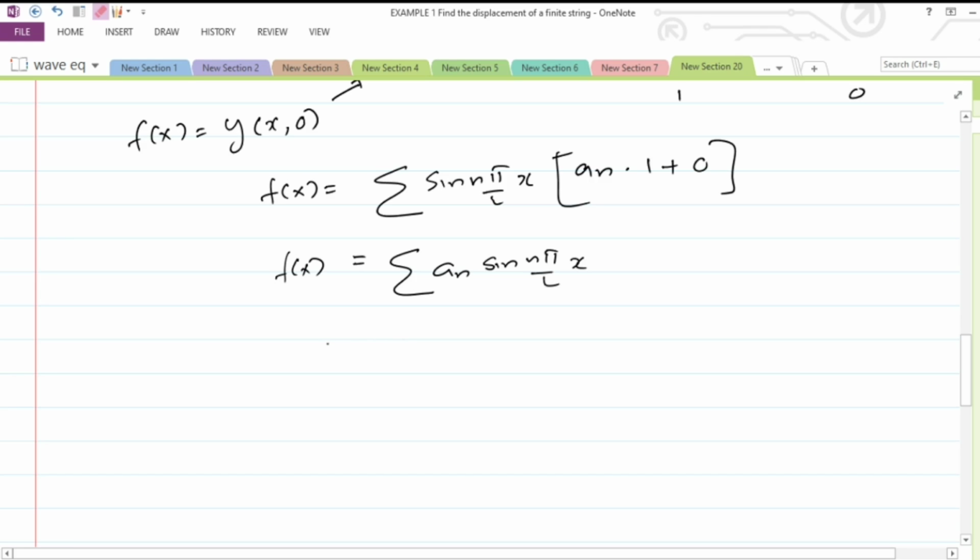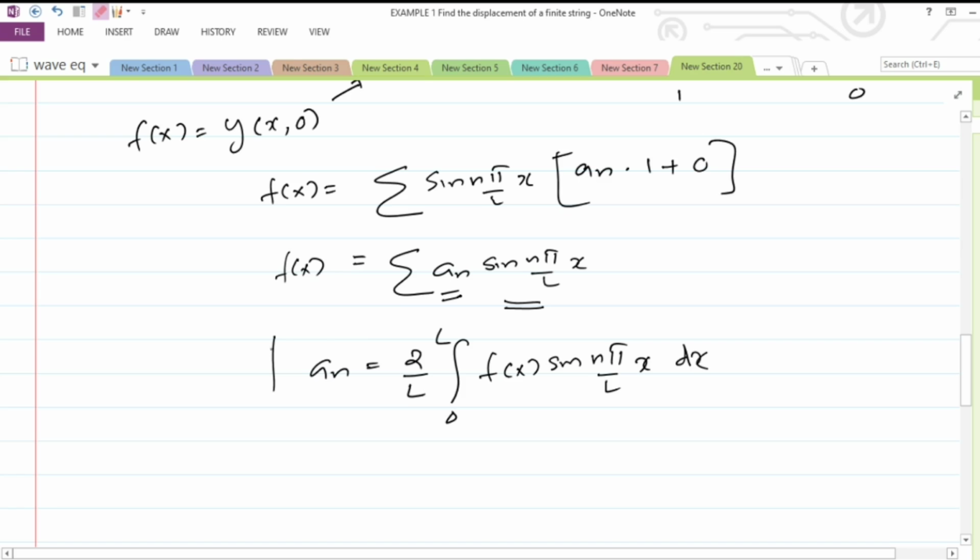So we can say that by using the half range Fourier series, instead of an we usually have bn for the Fourier coefficient, but it doesn't matter, since it is the sum of sines we can use the half range Fourier sine series. So an is equal to 2 by l into the integral over the length of the string, 0 to l, f of x into sine n pi by l x dx.